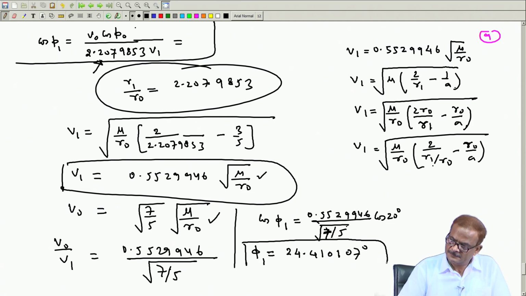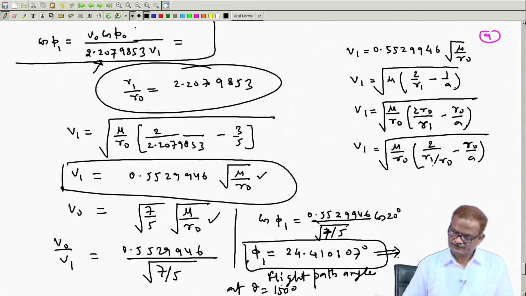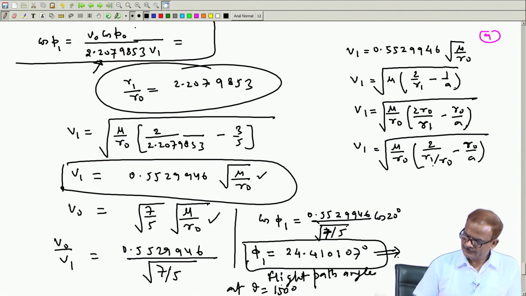This is the flight path angle at position 1, the new position, at theta equal to 150 degrees. Numbering could have made it easy, but we have not numbered the things.